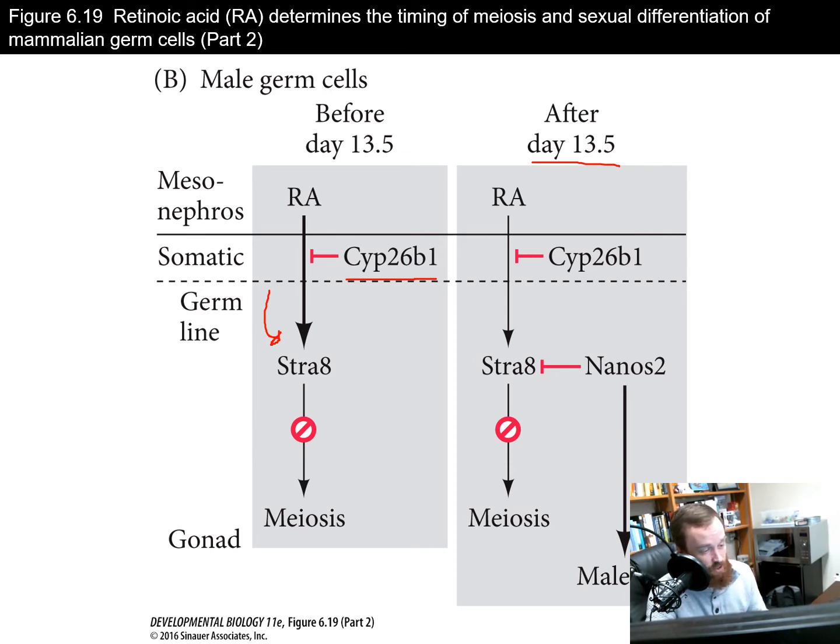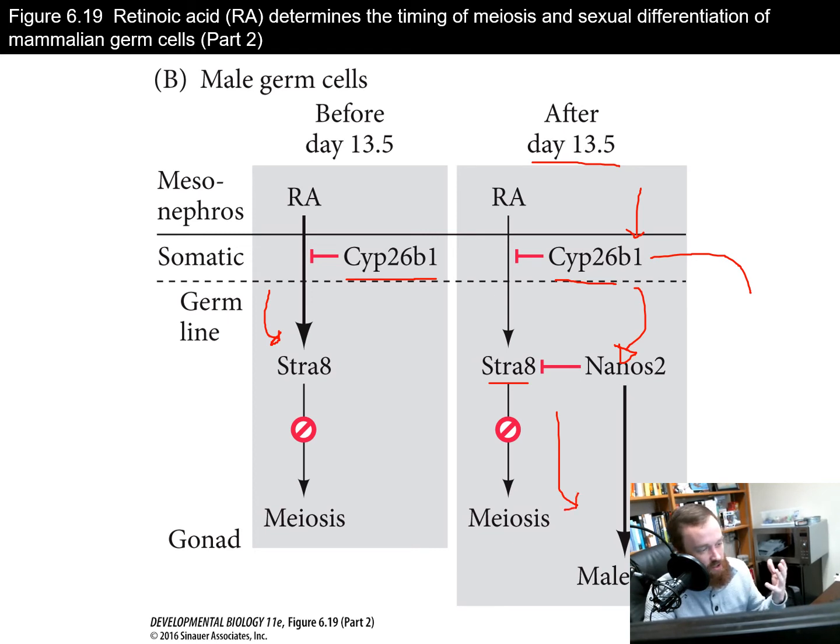After 13 days, however, the expression of CYP26B1 goes down, and it's not able to do its job anymore blocking STRA8. And that's when Nanos comes in and takes over, and instead of blocking RA like this CYP does, it blocks the next thing downstream, STRA8, and that leads to male induction.